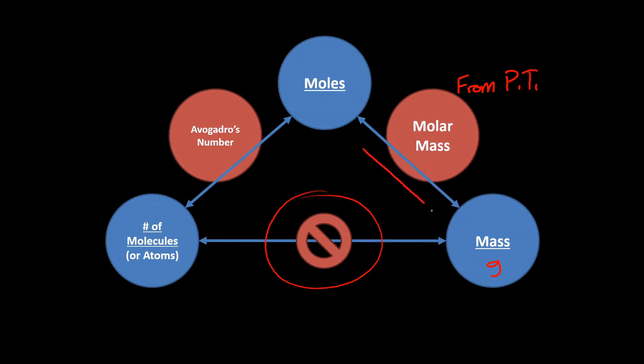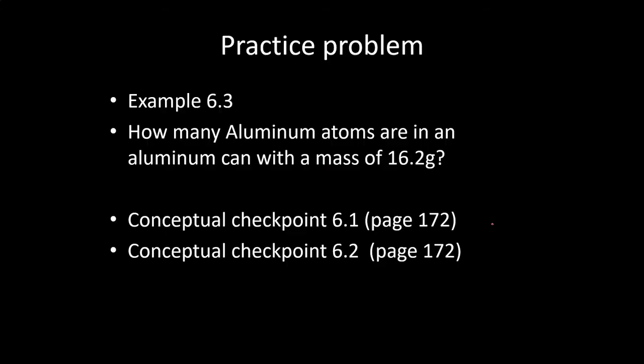Sometimes maybe we'll just go back and forth here, sometimes just here. We don't have to go through both of the conversions if we don't need to. But these two things, Avogadro's number and molar mass, are what we're going to use to go into and out of moles, either from atoms or grams.